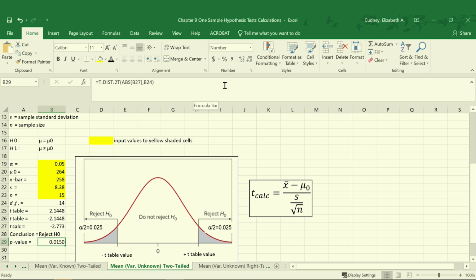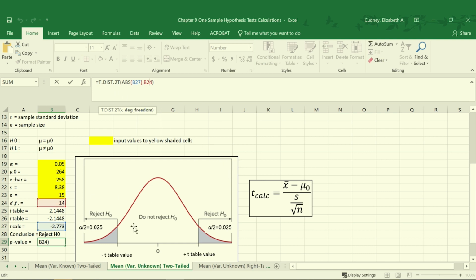We can also calculate our p-value to understand our level of confidence with our calculation. To do this, we're going to use the T.DIST.2T function, since it's two-tailed. We'll take the absolute value of B27, which was our t calculation, and then B24, which is our degrees of freedom, which was 14.